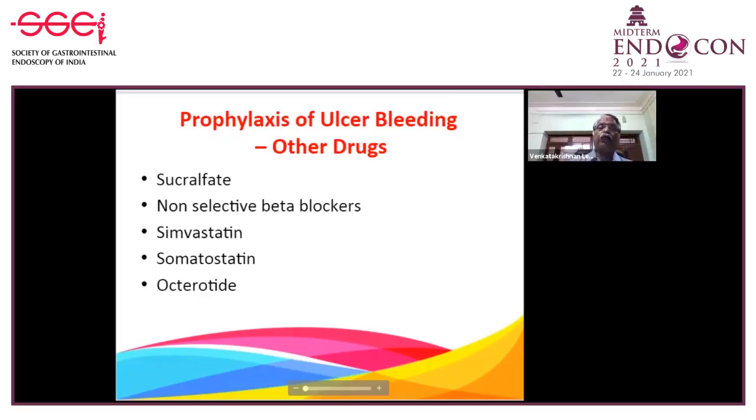What is the role of non-selective beta blockers in preventing bleed? The study which came up, still in press in 2020, from the Hospital Clinic group from Barcelona has shown that patients who had a rebleed had a lower dose of beta blockers during the post-EVL period.